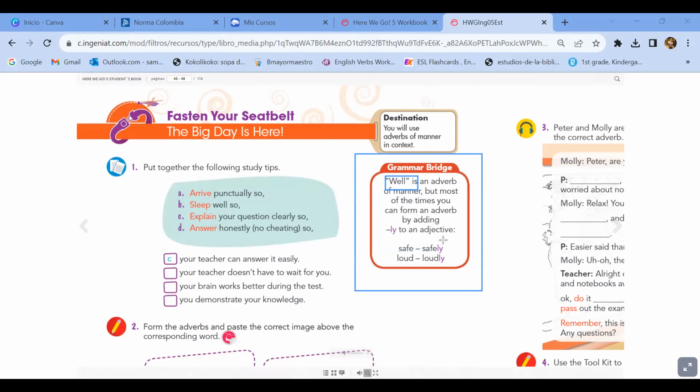Don't forget, for an adverb, you add ly. For example, safe, safely, loud, loudly. Okay, this is an adverb. Continue.